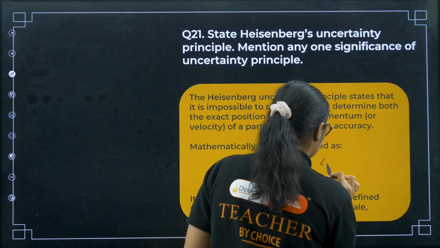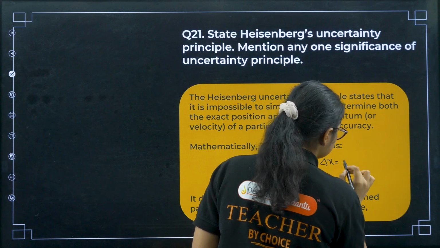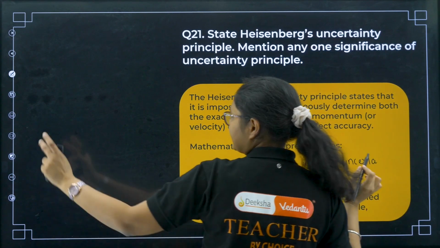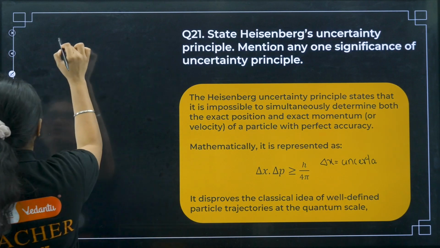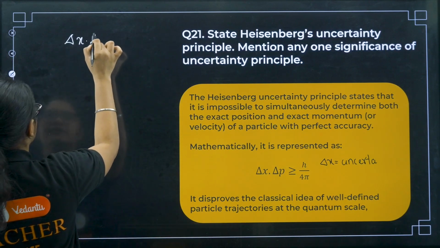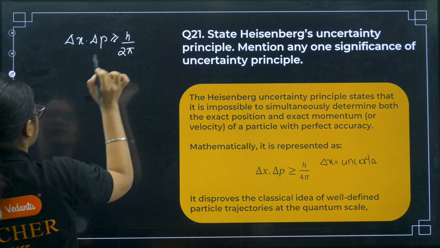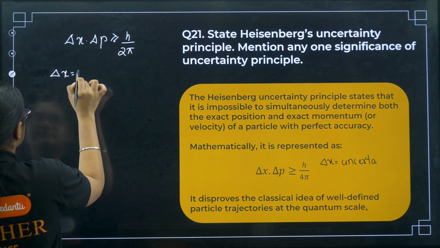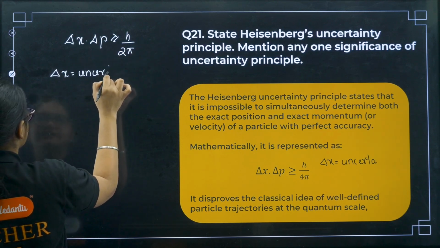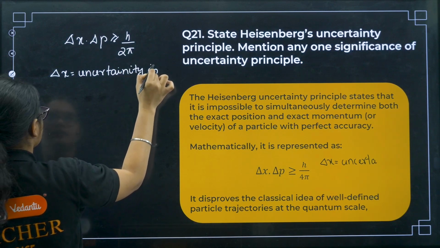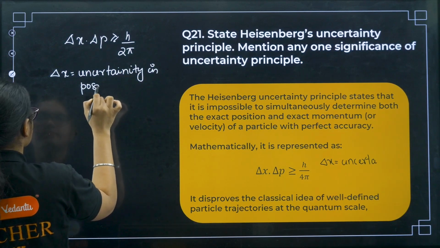So what is delta x? Let me write here, I have more space. So if this is the equation, delta x into delta p is greater than or equal to h by 2 pi (4 pi). Delta x is uncertainty in position.